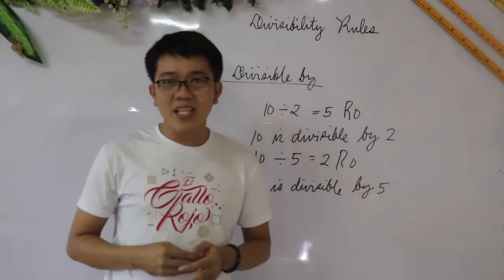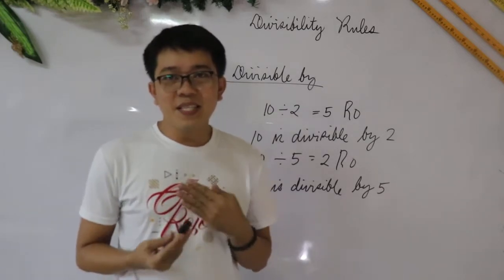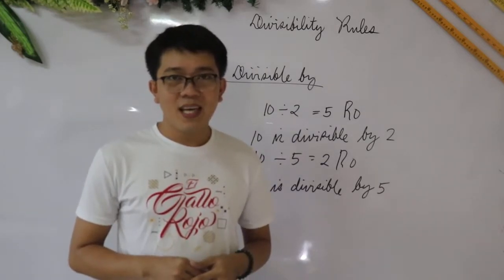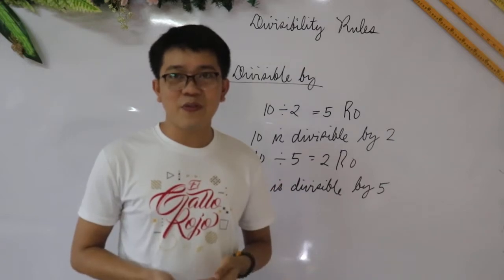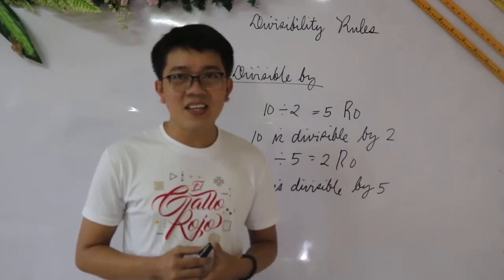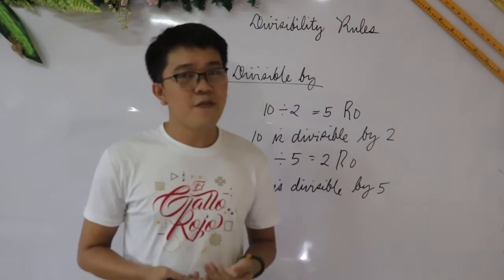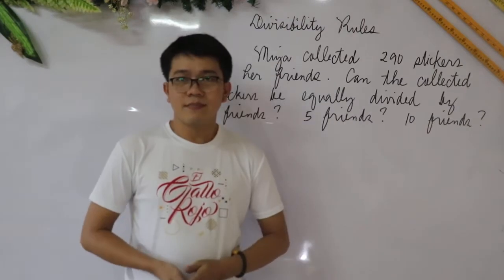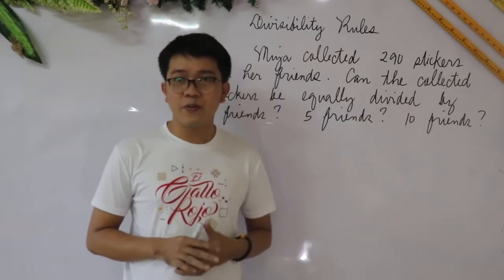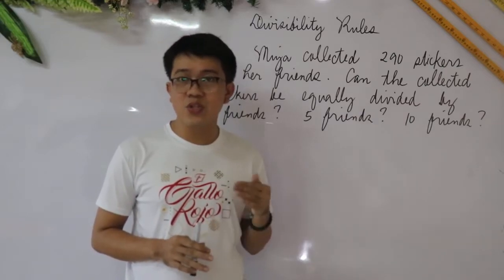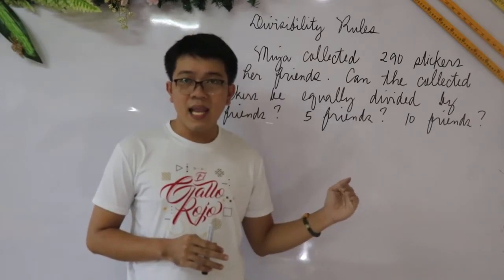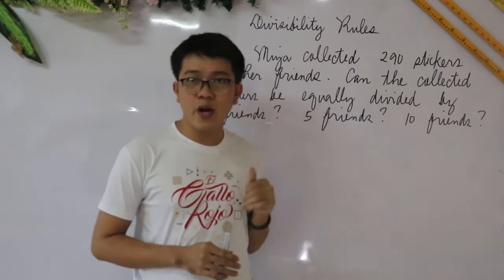Now that you know what it means when we say divisible by another number, we can proceed to our first lesson, and that is all about divisibility rules 2, 5, and 10. But before we go further, let us first read this problem.